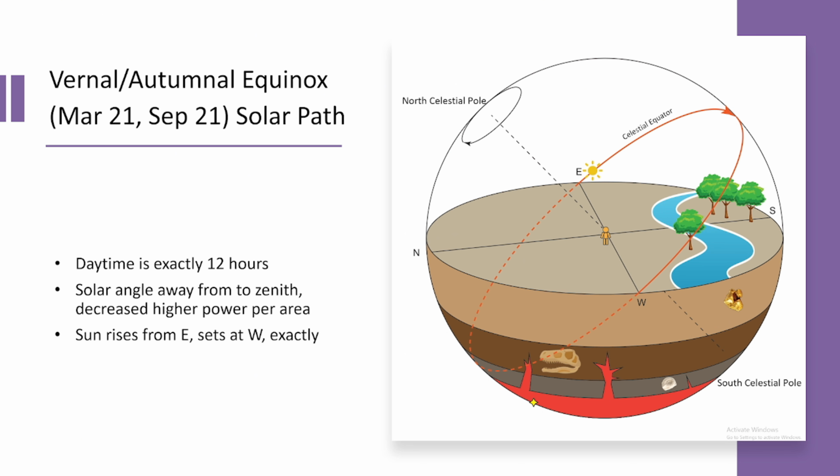That means daytime is exactly 12 hours and nighttime is exactly 12 hours. Also at noontime, the solar angle moves away from zenith right above you, so that means decreased power per area. So in springtime and fall time, the noon is not as hot as summer. And finally, you can see that the sun rises exactly from east and sets exactly at west.